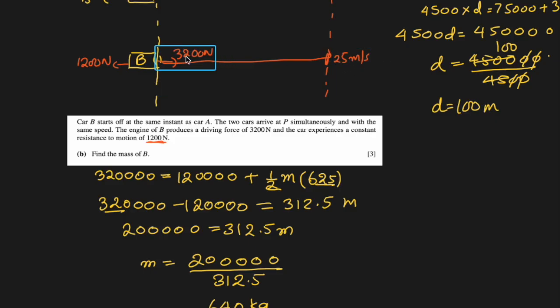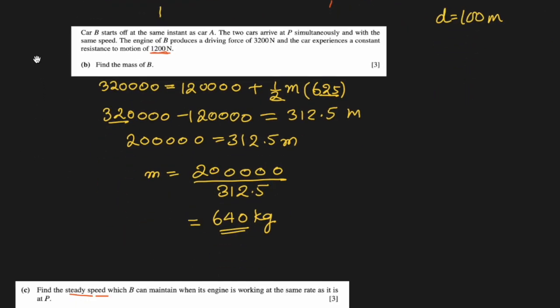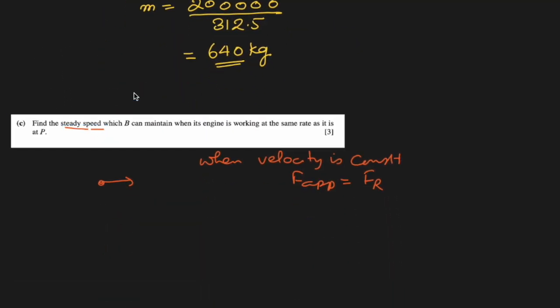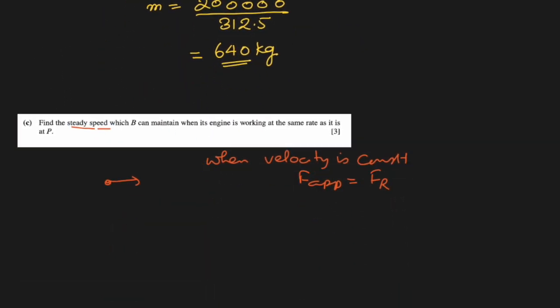That means we have to reduce this applied force. And how much we have to reduce? We have to reduce up to this, so that there is no acceleration as a result, because MA is, let me write here, MA is applied force minus resistive force.